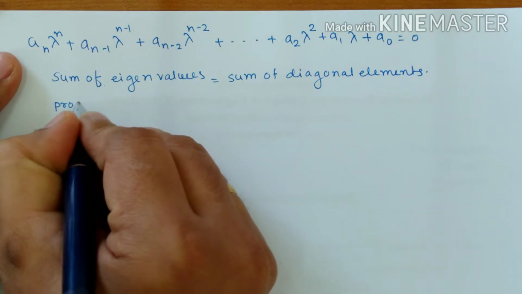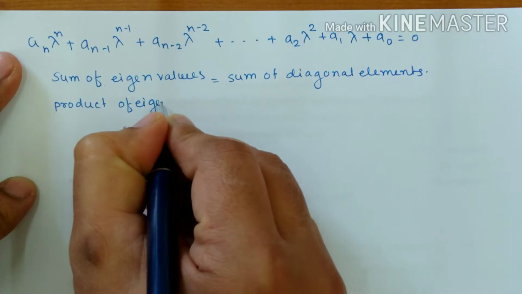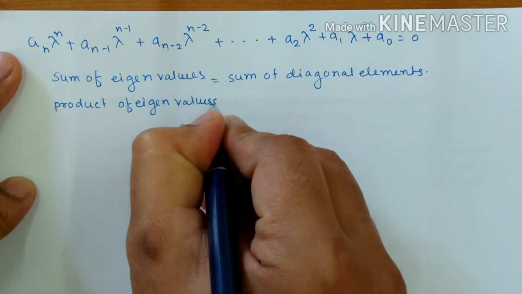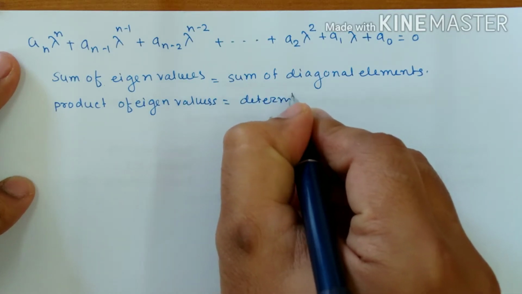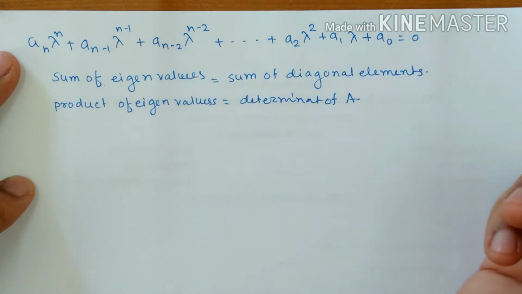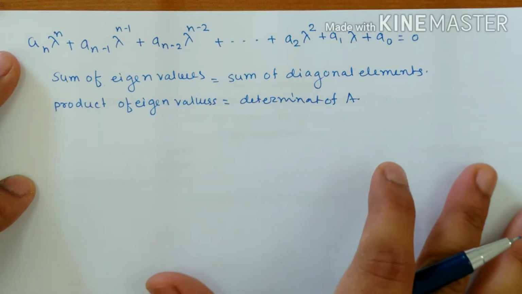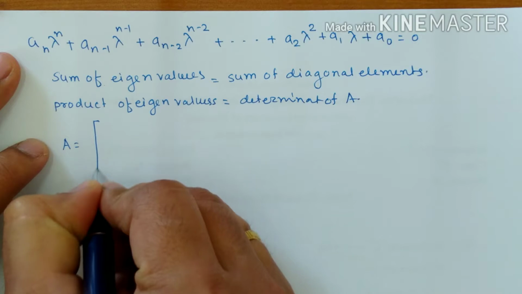Next, the product of eigenvalues is equal to the determinant of matrix A.